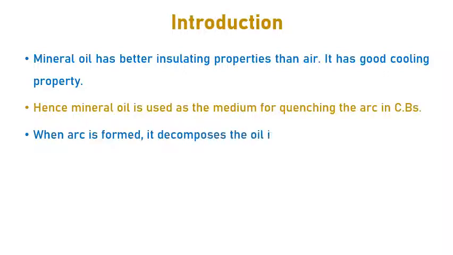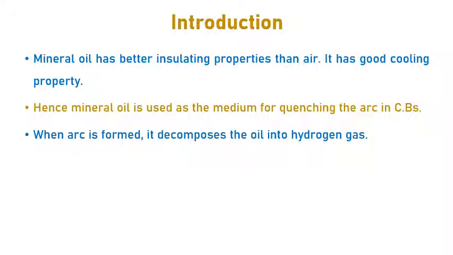So when an arc is formed, the mineral oil surrounding the contacts will decompose into hydrogen gas. Like a transformer, there will be a tank filled with mineral oil, and in between, the moving and fixed contacts will be kept.